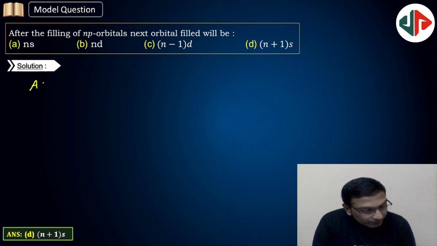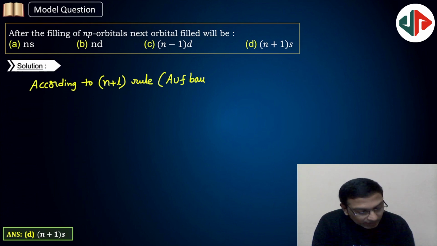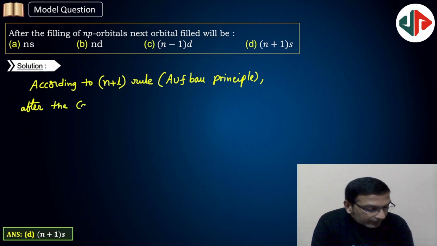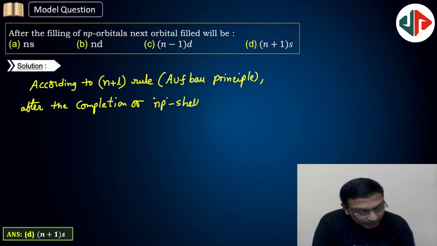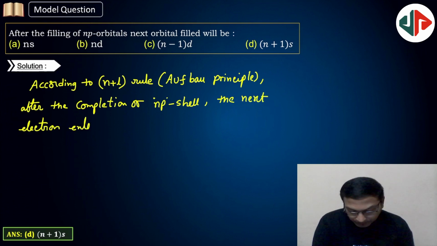So according to the Aufbau principle or n plus l rule, after the completion of the np shell, the next electron enters the n plus 1 s orbital or shell.